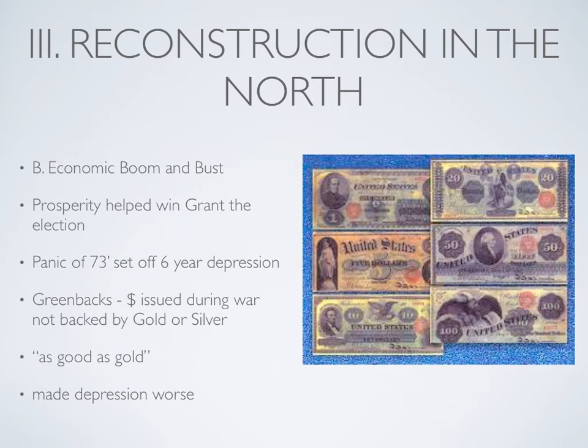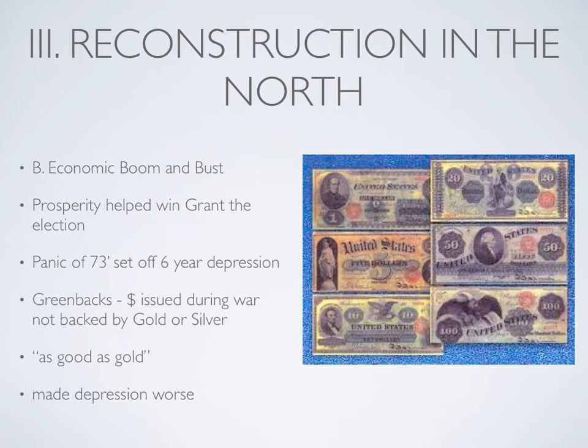And so you have people arguing over, well, should we just get rid of the greenbacks? No, we want more greenbacks because that will increase the circulation of money. But they're not necessarily recognizing that if they have more of it, prices will go up, and that's not necessarily a good thing.